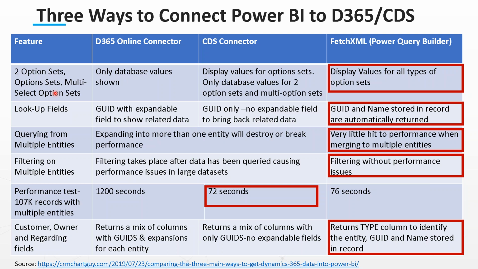And what I found really interesting in this is that Fetch seems to provide really good power here in terms of it's the only connector that's going to bring back both display values and database values. So let me explain that a bit. In a CDS database, probably most databases, an option set has both database values, which are numeric values, and it has display values.